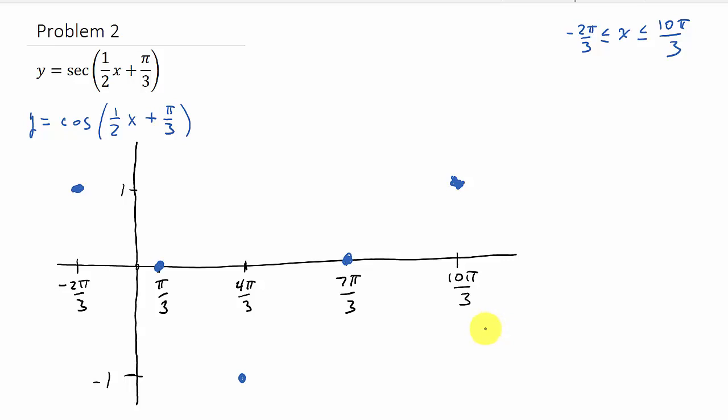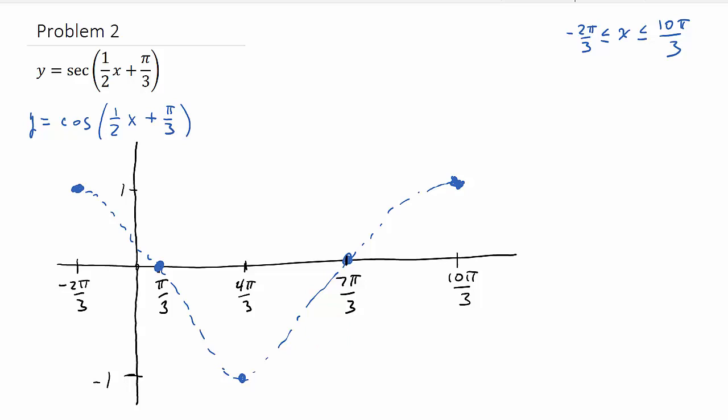So you might want to check those out. All right, so now let's come in here and sketch in our graph of cosine, and we sketch it in with a dotted line, okay, because it's not part of the final graph. Okay, we're just using it as a guide.